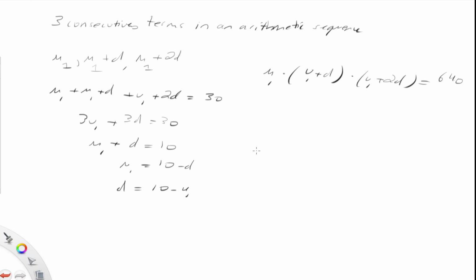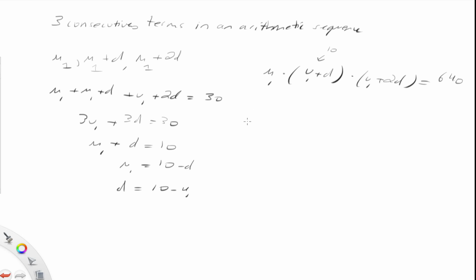If we look at this, we can see that u1 plus d is equal to 10, right? We can figure it out from the sum. So we can replace this by 10. And u1 right here is equal to 10 minus d. And although it might not seem like we're simplifying anything right here, you will see that it will be helpful later on.